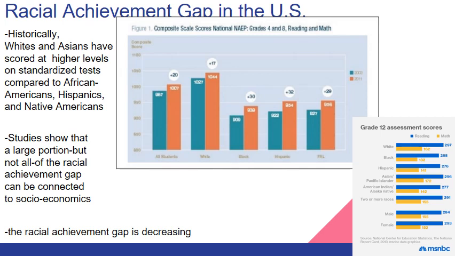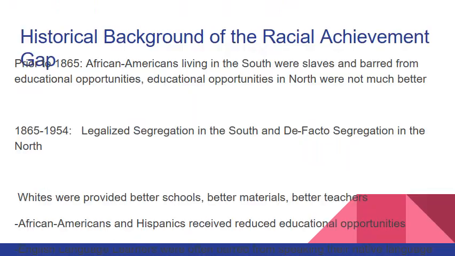And so if these increases continue at this level, then eventually, ideally, students of all races will be at similar academic achievement levels. And you as an educator can work to reduce the racial achievement gap.